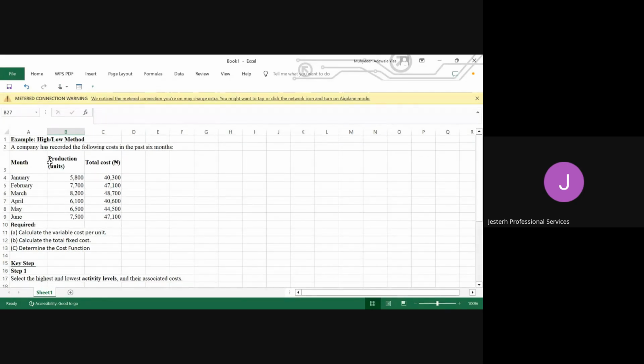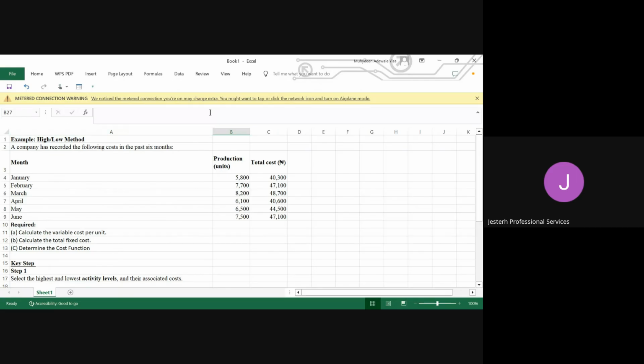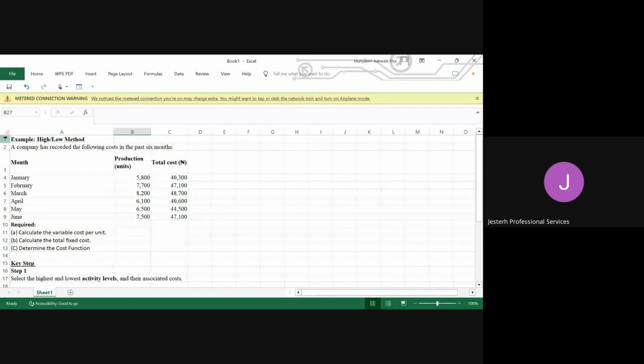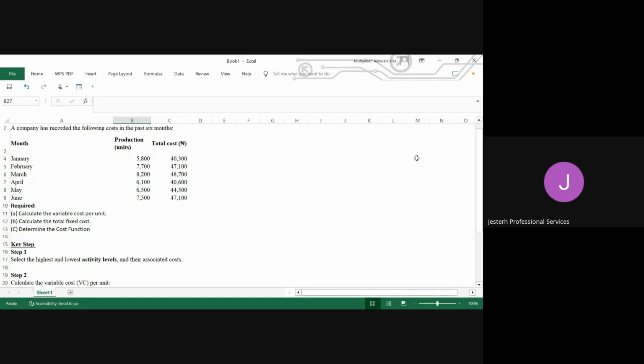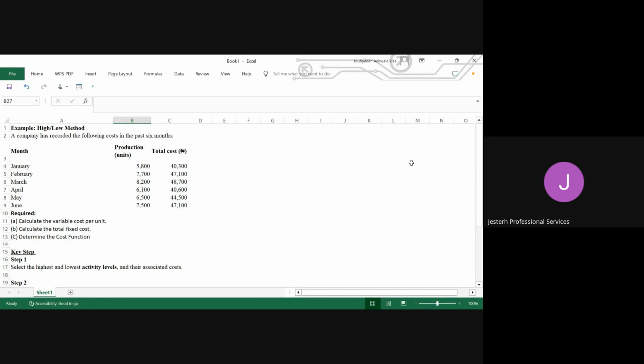All right, here is a simple example where we can test our understanding of how the high and low method works.